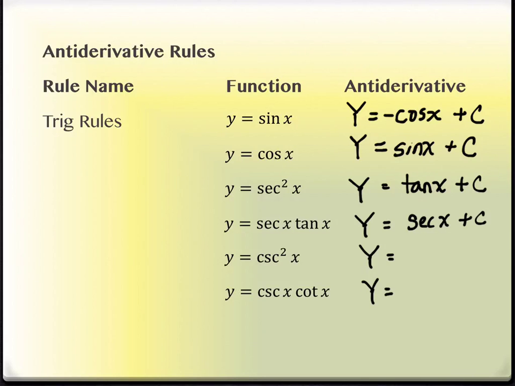Whose derivative is cosecant squared? Yeah, it's the cotangent, and you'll remember that it changed signs, or it should have been a negative cosecant, and I don't have the negative, so I've got a negative here, and this is cotangent x plus c. And then whose derivative is cosecant cotangent? Cosecant, and again, I need a negative because I'm missing it, if you will, from the derivative part originally.